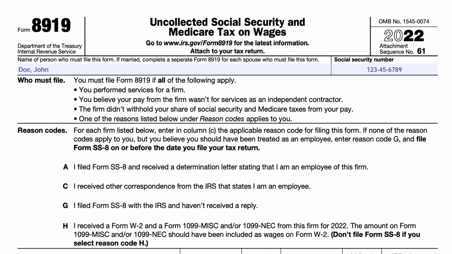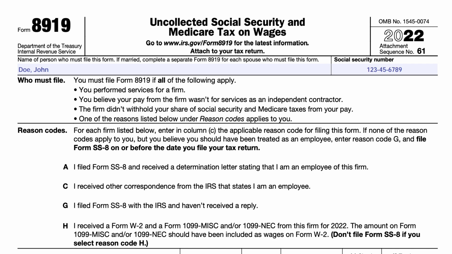If you use reason code A, this means that you did file the form and you received a determination letter stating that you're an employee of the firm. Reason code C means that you've received some other correspondence from the Internal Revenue Service, not with respect to Form SS-8, but that correspondence does say that you're an employee.